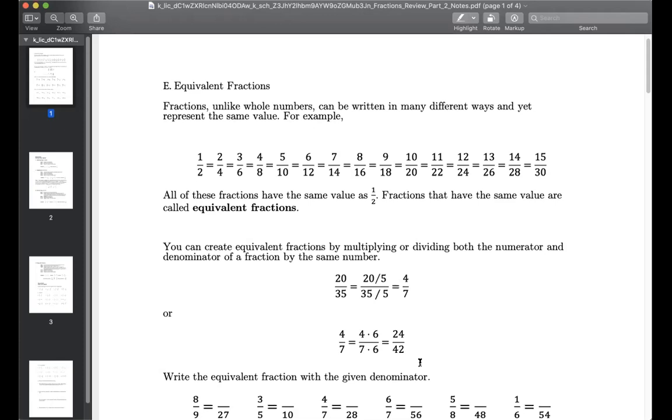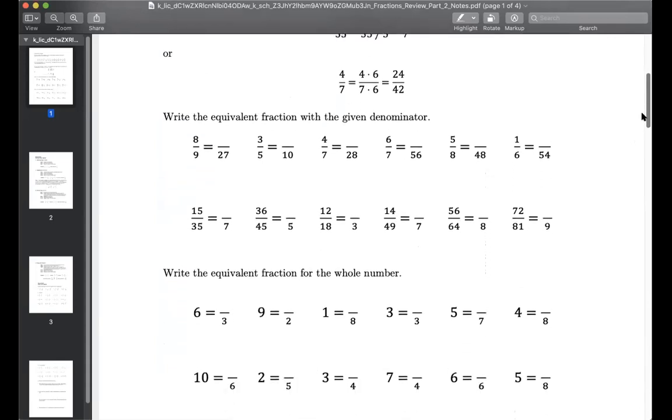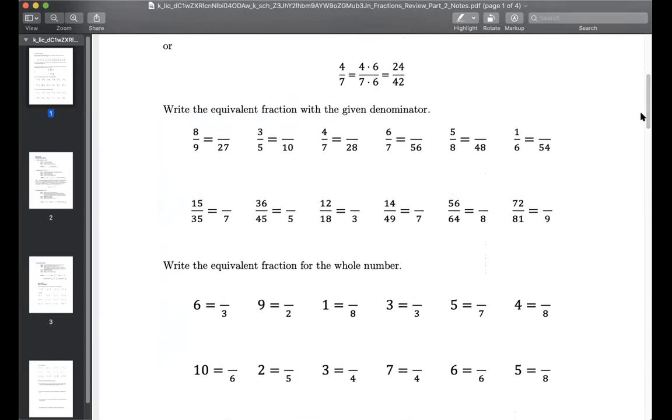Okay, this is the method for creating equivalent fractions, either through multiplication or through division. I divided at the top, I still got an equivalent fraction, multiplied at the bottom, I still got an equivalent fraction. So what we're going to look at is right under it, where we actually have some equivalent fractions that we need to create given the denominator that we see.